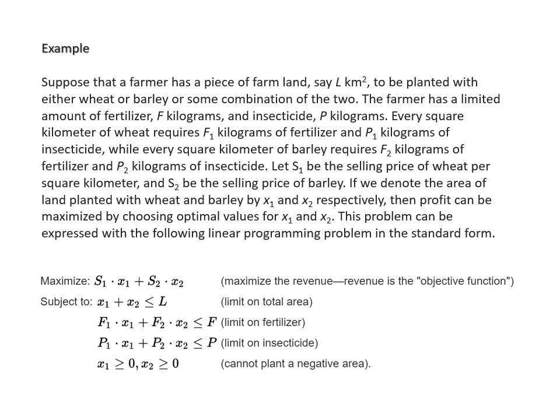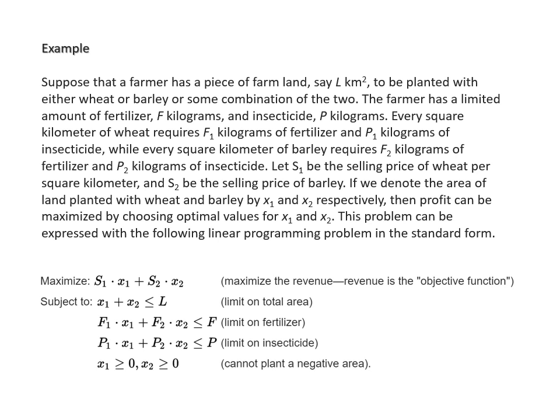We also have a limitation on the amount of fertilizer that we have. And so we've said that the amount of fertilizer required for a square kilometer of wheat and barley are different. And we specified that in terms of F1 and F2. So F1 is kilograms of fertilizer per square kilometer, and F2 is the same units, right?